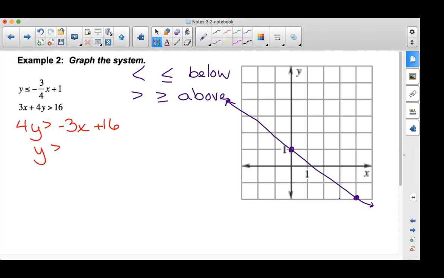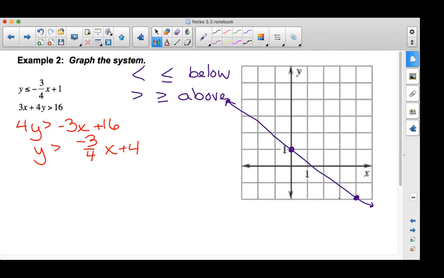So Julia, what was the second inequality that you found? I got y is greater than negative 2 over x plus 4. Nice. All right, so I have my first line graphed up here, but I didn't shade it. It says less than for the first inequality.